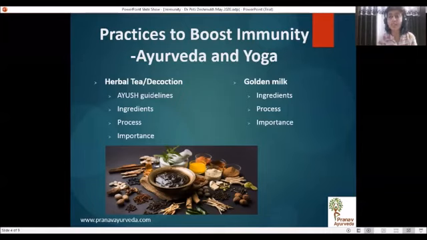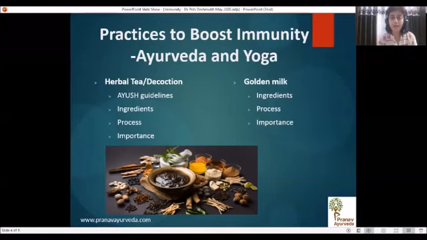Now let's look at the process, how it is prepared. First, in a utensil, take 5 to 6 leaves of tulsi, half spoon cinnamon powder, half spoon black pepper, half spoon dry ginger powder, and 5 to 6 black resins.